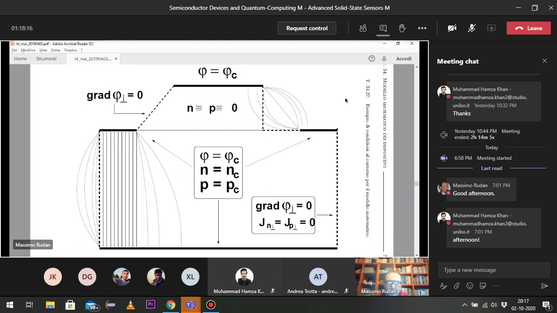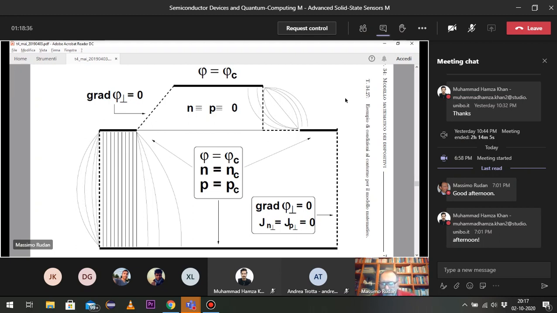Then we go to the case of the insulating boundaries, okay? Take the right part of the device where you have the dashed boundary that makes an angle, okay?